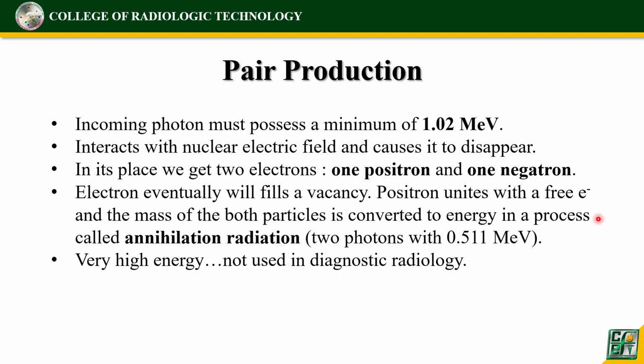Okay? So the electron eventually will fill the vacancy. Positron unites with a free electron. Yung pag sinabi natin free electron, they are electrons na palutang-lutang lang somewhere out there. Okay? Free electrons.